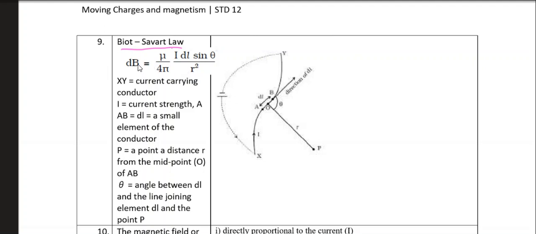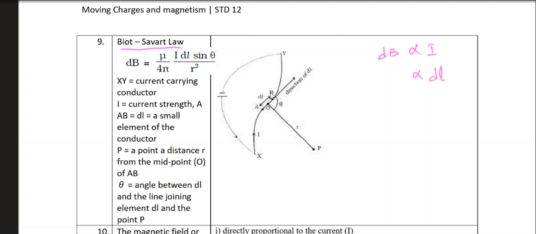This infinitesimally small magnetic field, dB, is directly proportional to the current. It means when current increases, you can experience more magnetic field, and it is directly proportional to dl. What is dl? That is the smallest length element of the conductor.